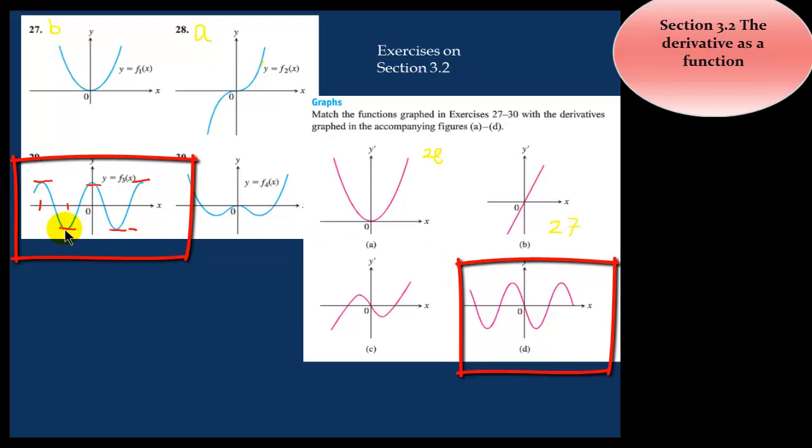Indeed, between these two horizontal tangent lines, we see that the slopes of the lines tangent to the curve are all positive. There's a tangent line with a positive slope, etc. So all these would have positive slopes, which means these are the corresponding y values of the derivative function, and so on and so forth.